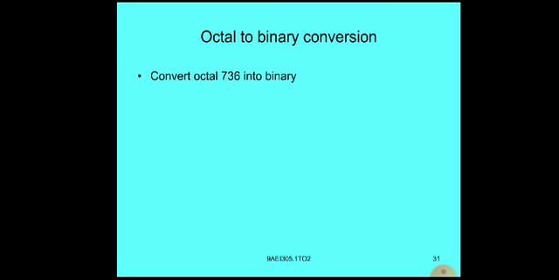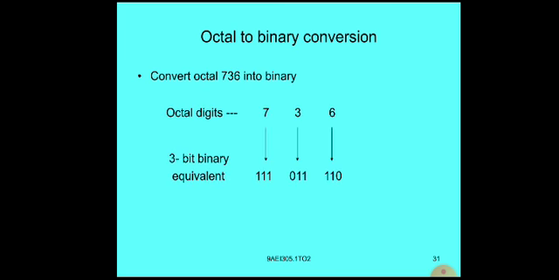Take each digit like this and write the equivalent binary numbers. That's all. That means 736 equals 111011110, like this. So this is the procedure for converting octal to binary.